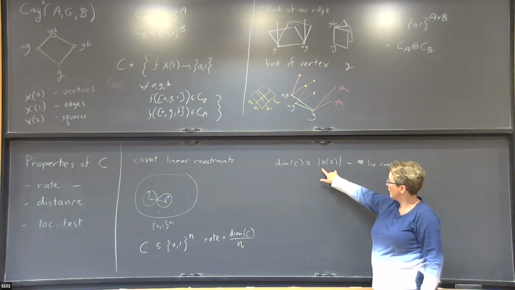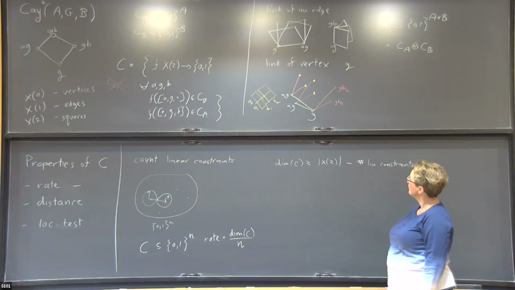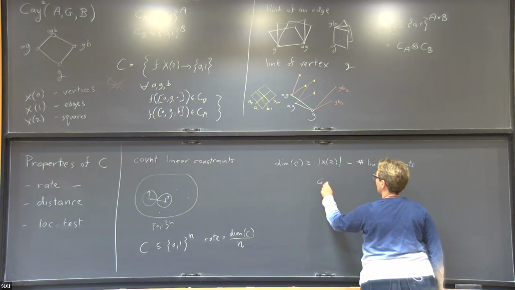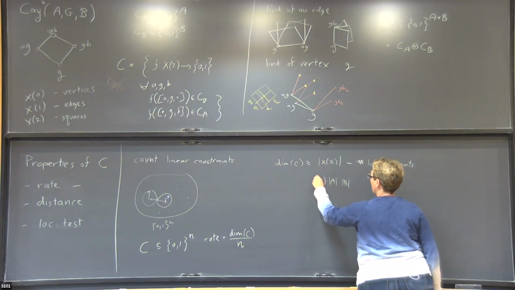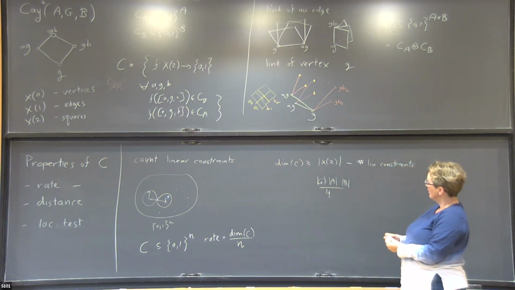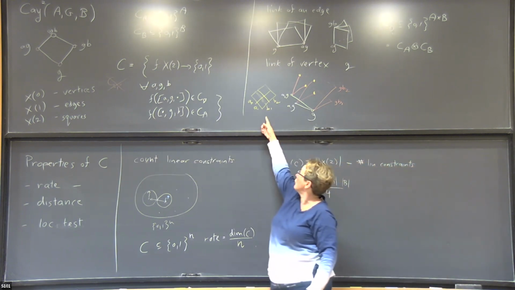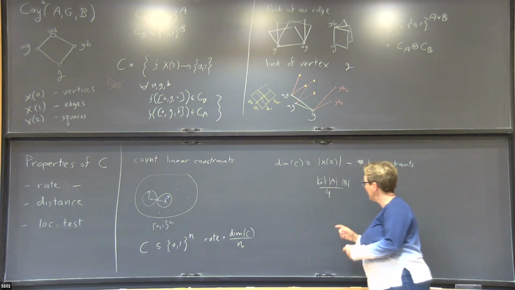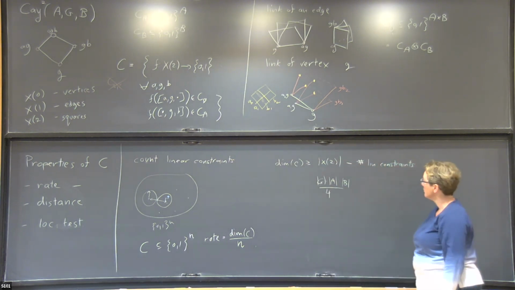How many squares do I have? G times A times B over 4, right? Because for every vertex, touching it are A times B squares. That's exactly this little picture. And I'm overcounting 4 times because every square is counted 4 times.